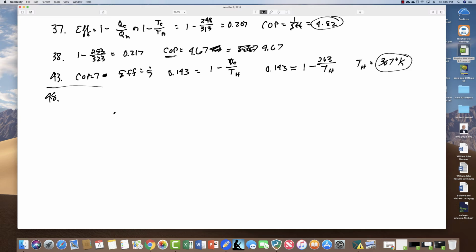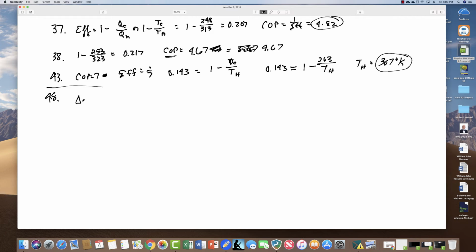Problem number 48. On a hot summer day, 4 times 10 to the 6 joules of heat transfer into a parked car takes place, increasing its temperature from 35 to 45 degrees. What is the increase in entropy in the car due to this heat transfer alone?